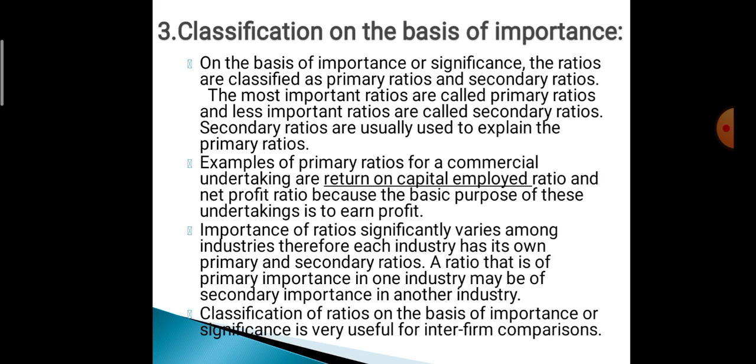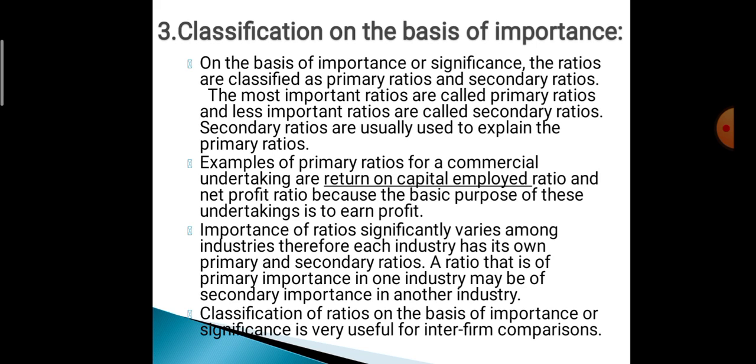Secondary ratios are usually used to explain the primary ratios. For example, primary ratios of a commercial undertaking are return on capital employed ratio and net profit ratio, because the basic purpose of these undertakings is to earn profit.